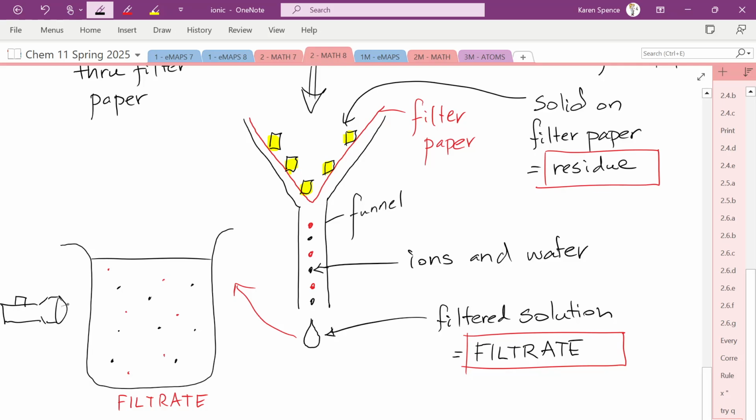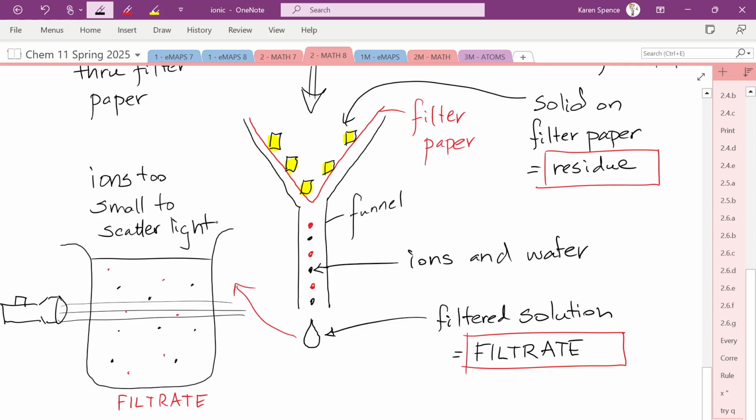It goes straight through. The ions are too small to scatter the light. And if it's too small to scatter the light, therefore it's going to be cloudy or clear? Clear.